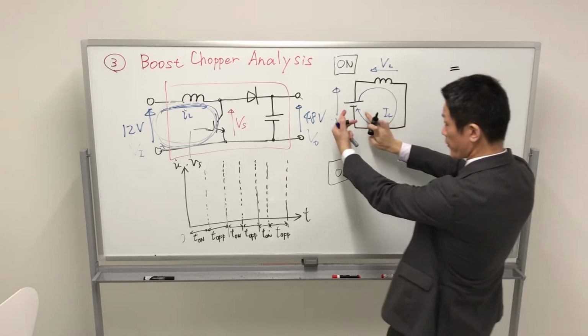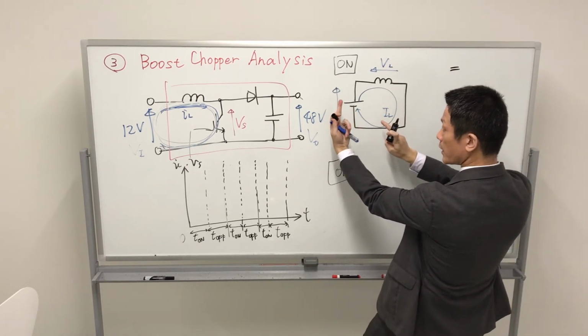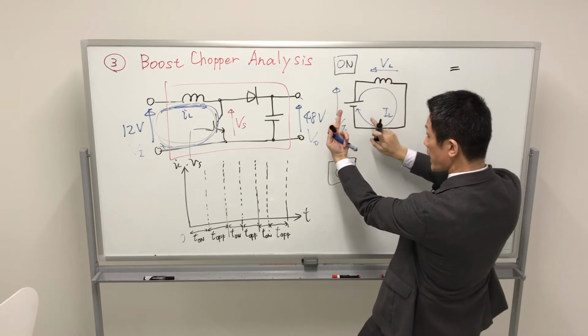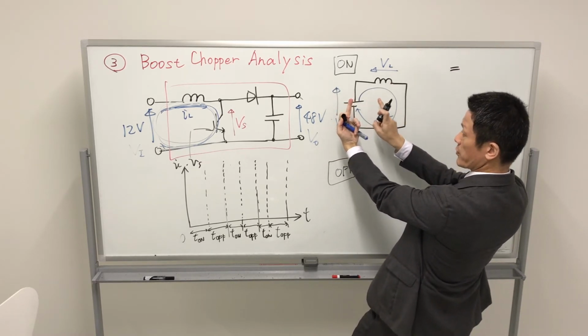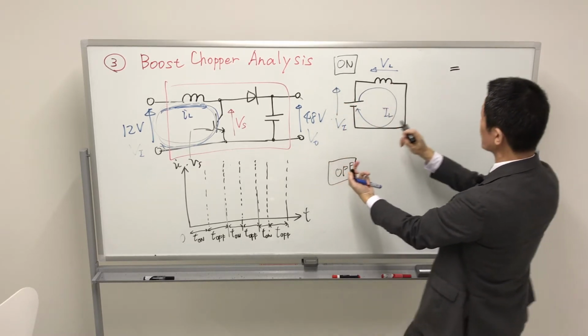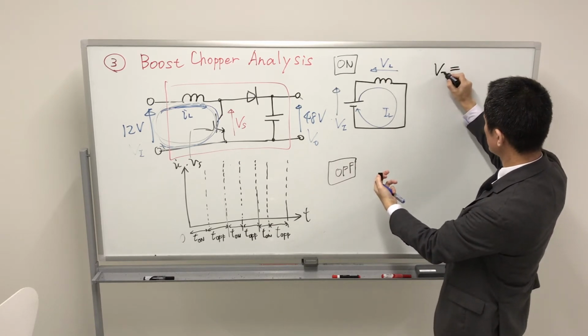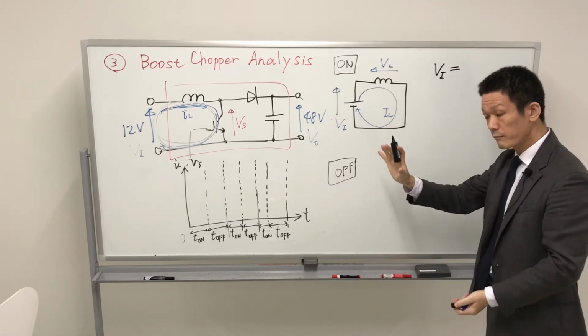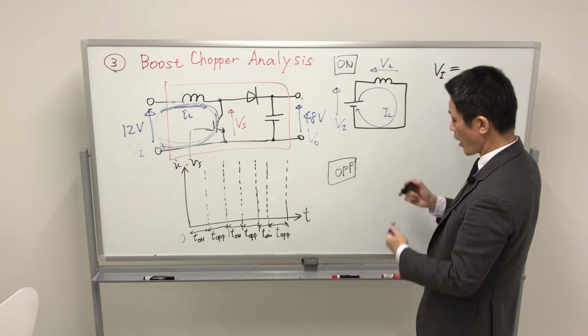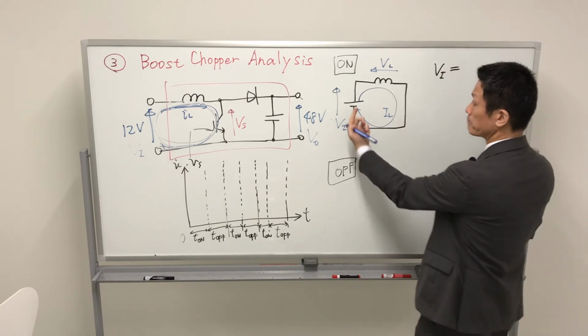The left side is VL, and the same direction is here. So arrange it to the left side. The right side is the opposite direction to the current.